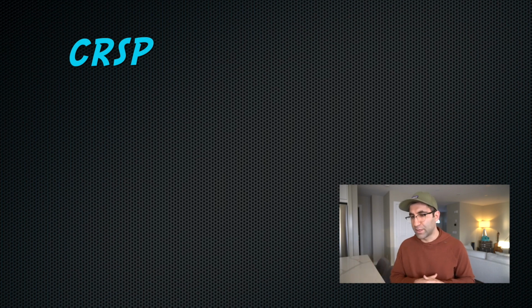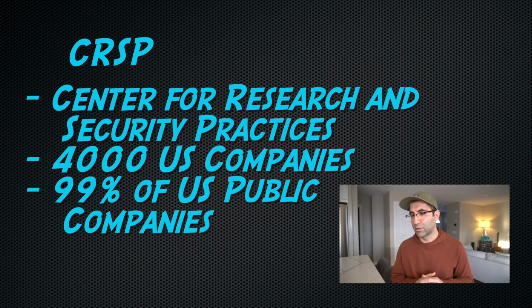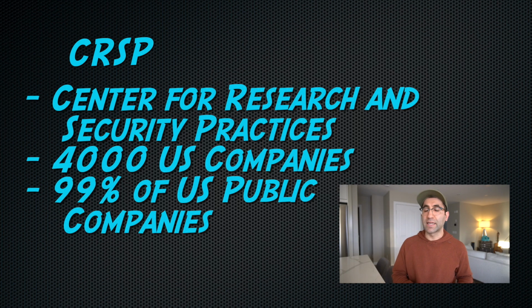It stands for the Center for Research in Security Prices, and it's an index that covers 4,000 US companies, and it's considered to be almost 100% of all the companies that are publicly traded in the US. So this includes your large cap companies and the smaller companies, and it's kind of a blend of the S&P and the Nasdaq, because 4,000 companies is a ton of companies.